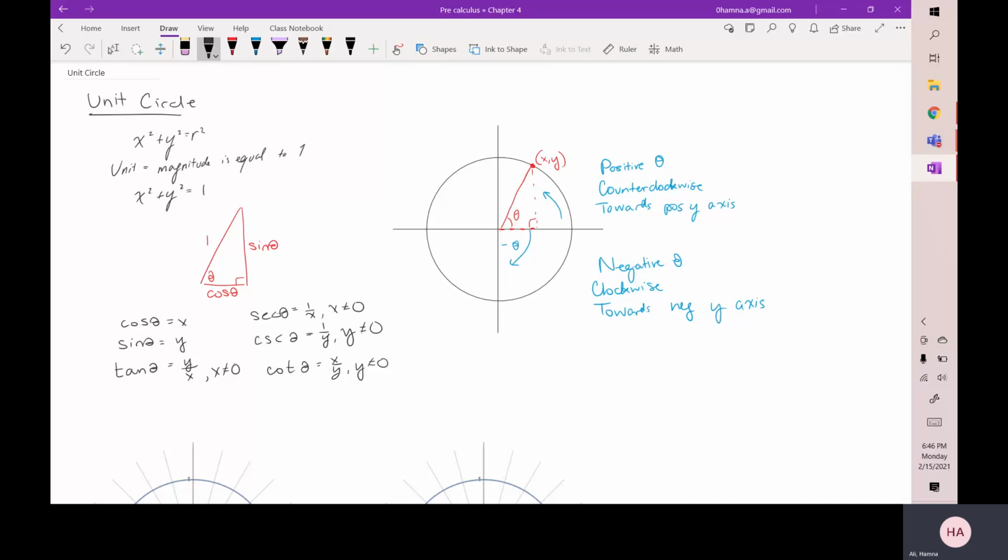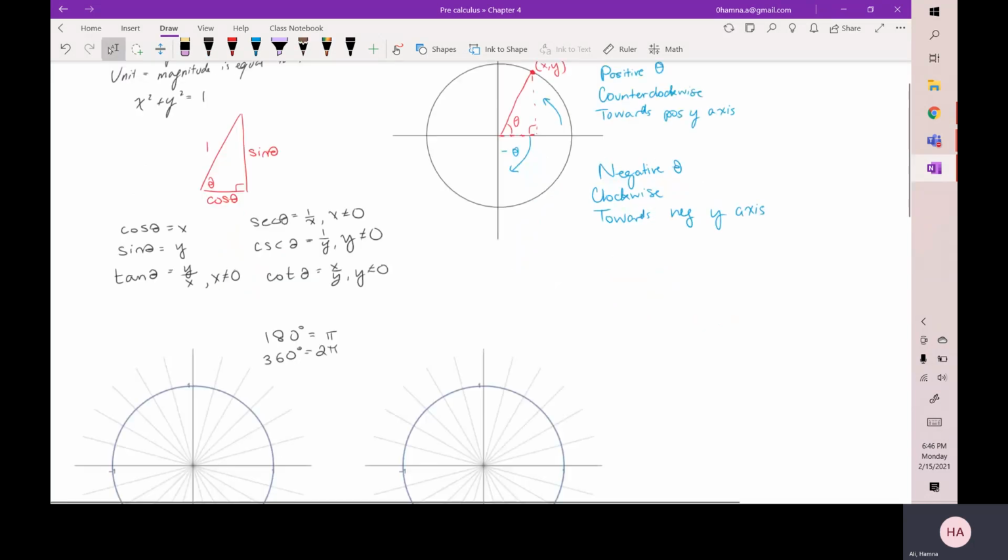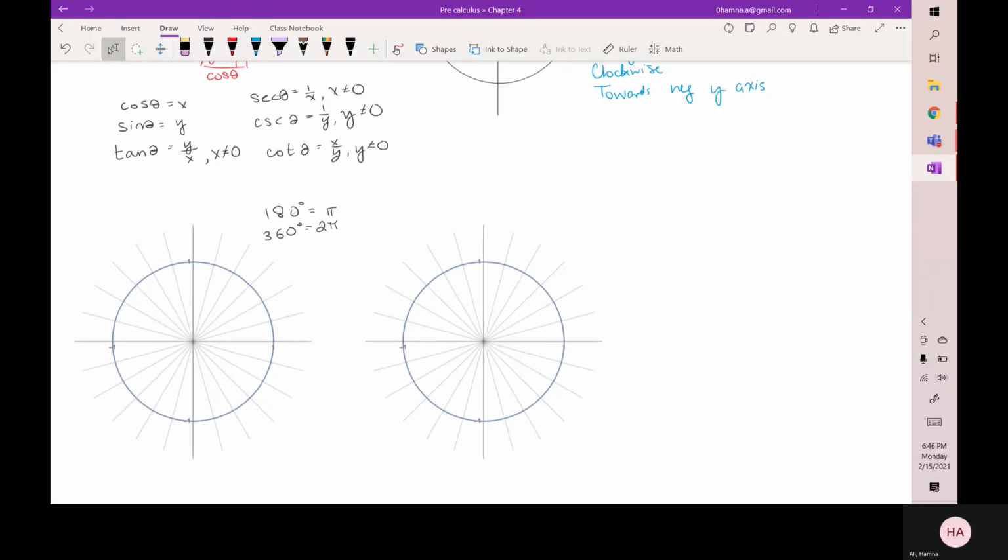So since we know that 180 degrees is equal to pi, or that 360 degrees is equal to 2 pi, we can break our circle up into different angles just based on that. So I know I'm going to start at 0, and that 0 is going to end in 2 pi. That full circle is 2 pi, which means I can go to the opposite side and say that that's pi, right?